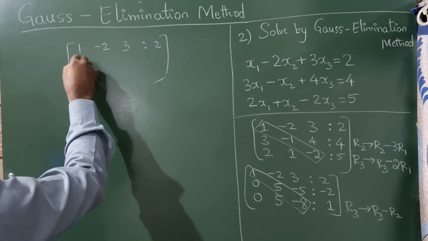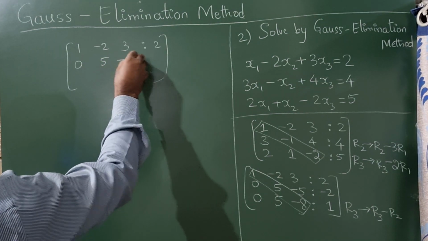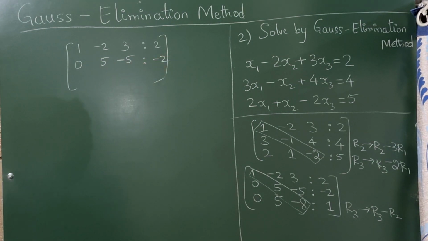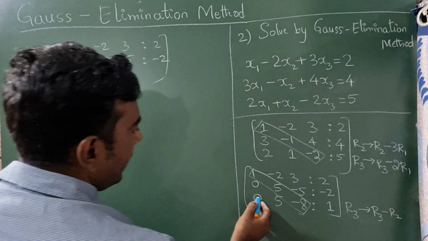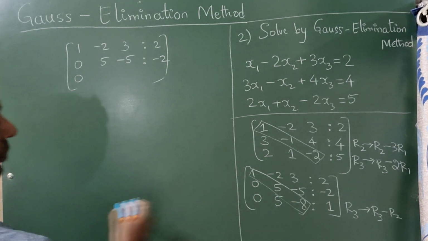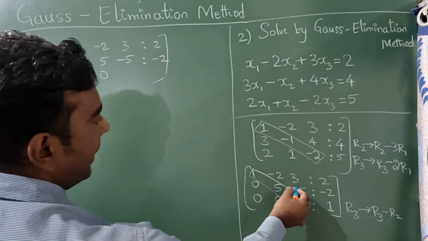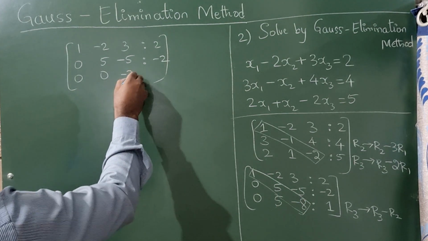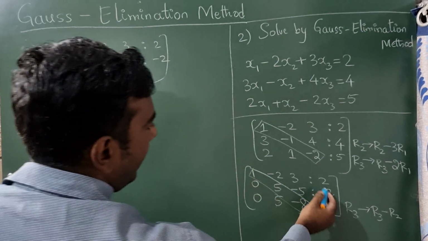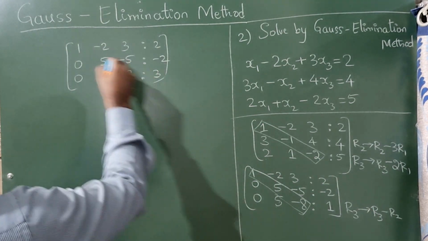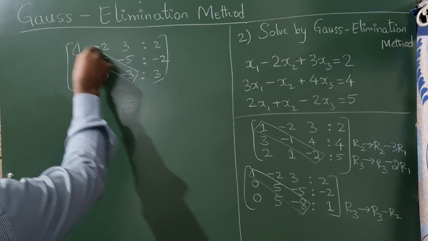Second row also write as it is. Third row: 0 minus 0 will become 0. 5 minus 5 will become 0. Minus 8 plus 5 will become minus 3. 1 minus of minus will become 3. Again mark like this.